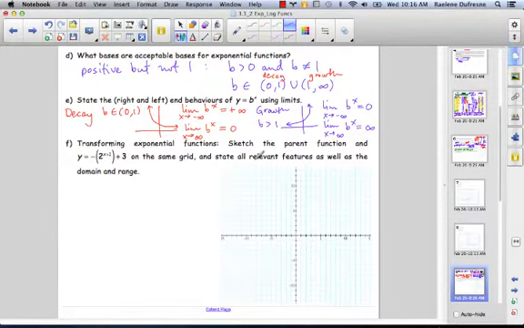So let's transform a basic parent function. And if we look here, we notice that the basic base is 2. So the parent function is y equals 2 to the x. And we can plot that graph. (0, 1), (1, 2), (2, 4), (3, 8), and (4, 16). I don't have enough room.